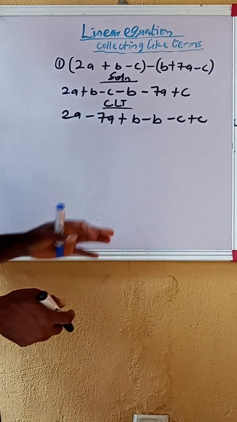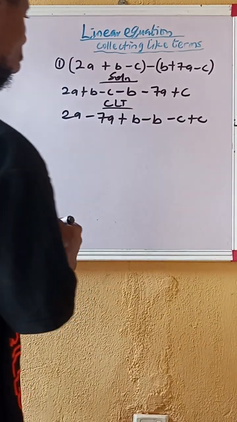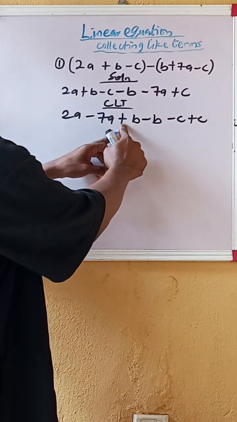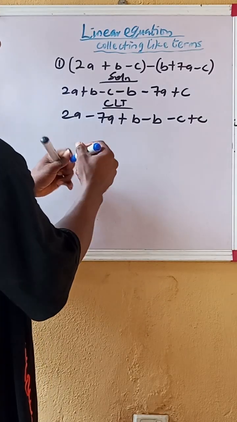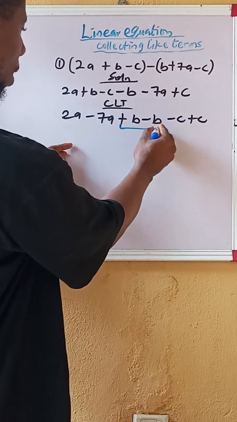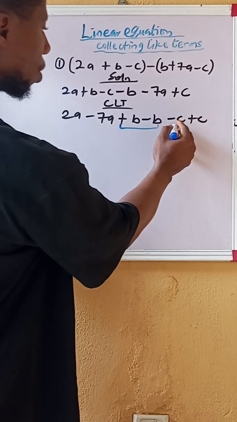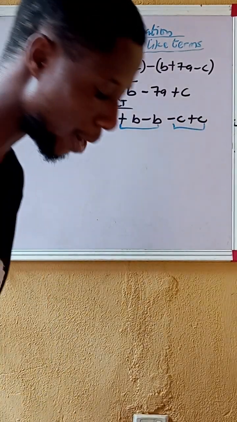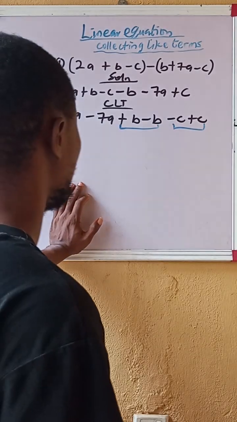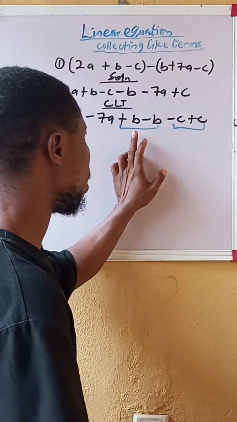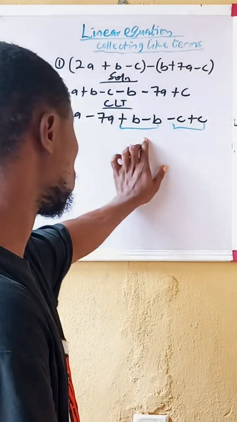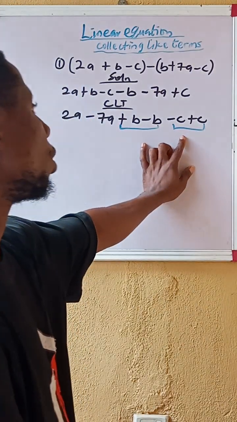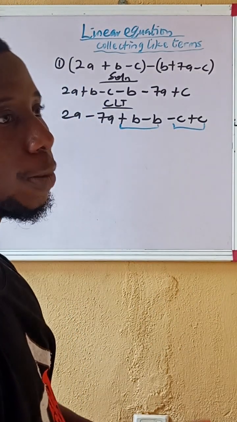Now that we have this equation, if you look at it very well, you will discover that this place is having plus b and minus b, and here is also having plus c and minus c. So whenever you have the same alphabet or the same variable, all you just need to do is look at the signs very well.